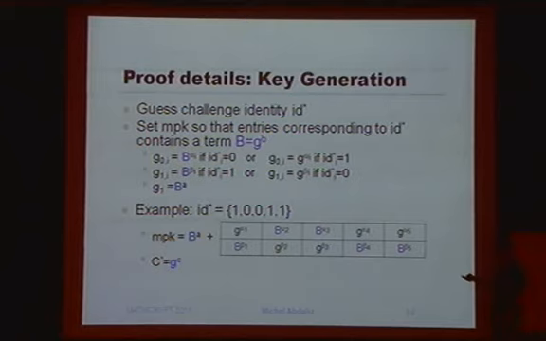We're going to put B inside these values, and all of the other public key values, we're going to generate knowing the discrete log. And to make sure that the key has the right form, we still will use B, but we also randomize it.